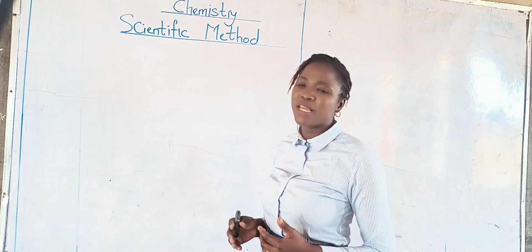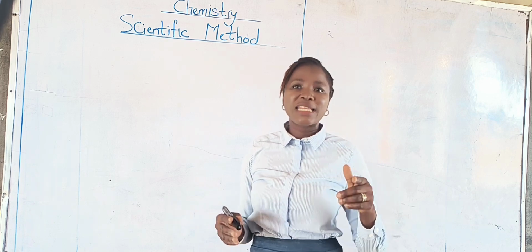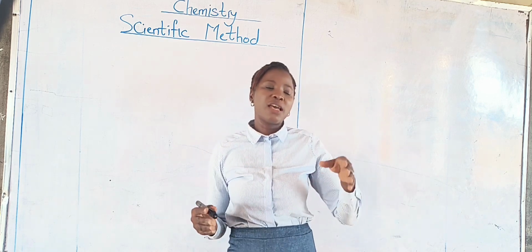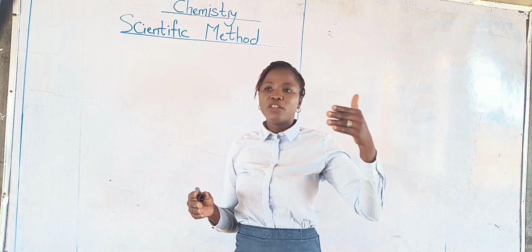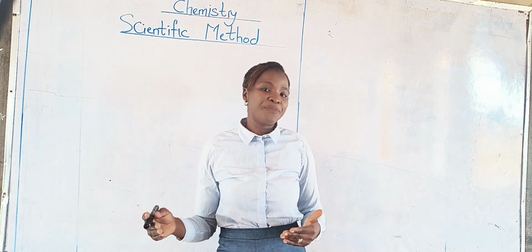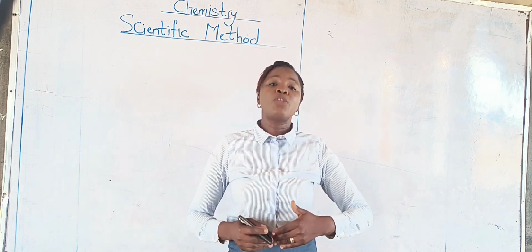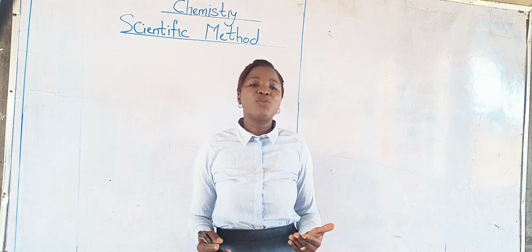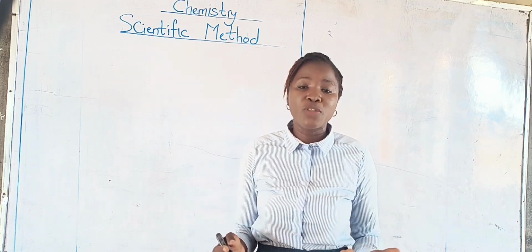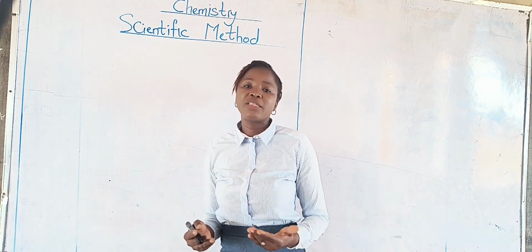So we have scientific method. And I remember I told you guys that chemistry is in three aspects. We have the objective, the theory, and the practical aspect. In practical aspects, you are going to be experimenting, and whatever you carry out, you're going to put down as your inferences.